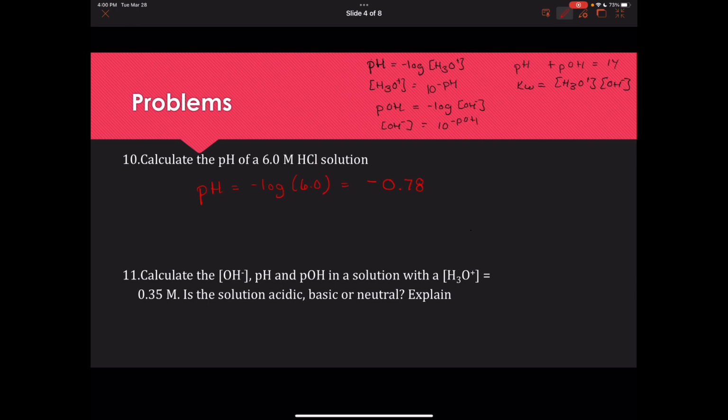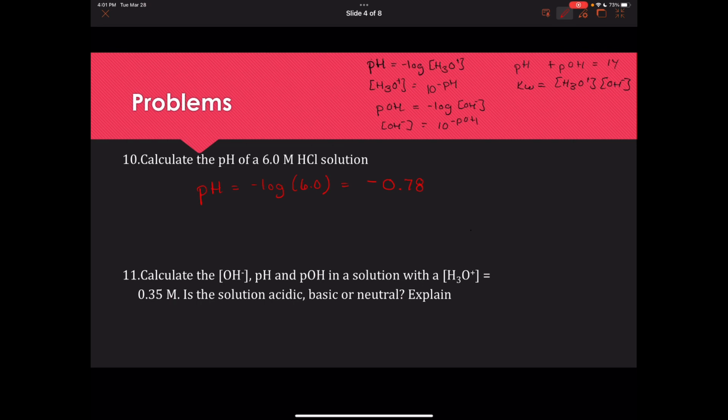Now we need to be able to use our toolbox to convert between any of these things, between pH and hydronium, pOH, and so on. And we need to be able to use these to determine if solutions are acidic, basic, or neutral. So here in problem 11, we're asked to calculate the hydroxide concentration, the pH, and the pOH in a solution in which hydronium equals 0.35. And then we're asked if the solution is acidic, basic, or neutral. Now we can answer that last part before we do any calculations.